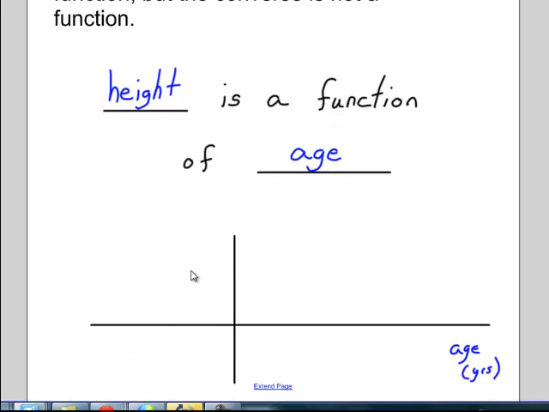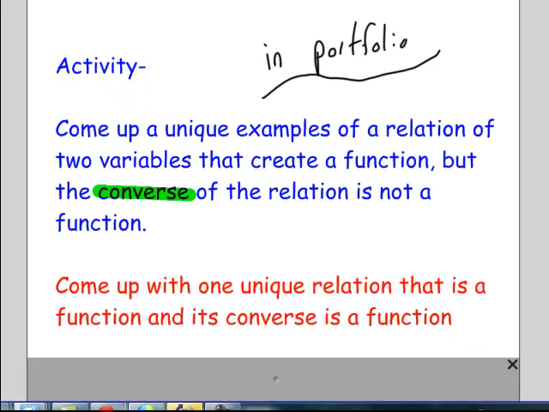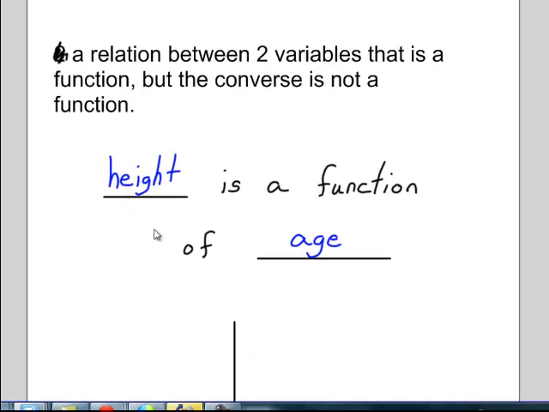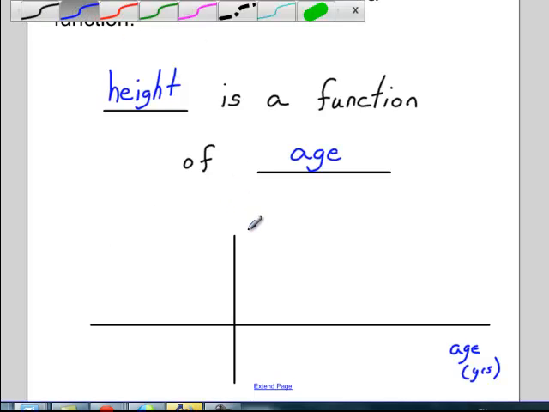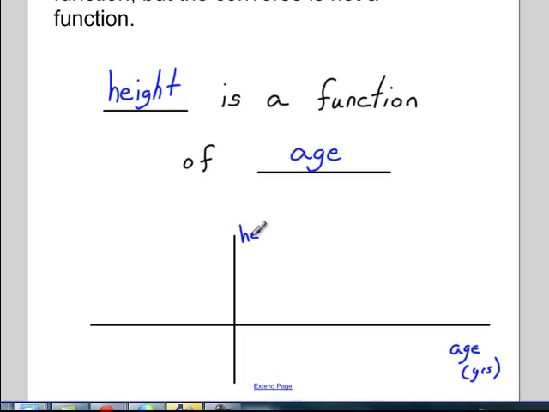I'm going to make a graph really quick just to explain my point. On the graph, my independent axis is my horizontal axis, so age, and I'm going to say that's in years. And on my dependent axis, I'm going to put height, and let's put that in inches.